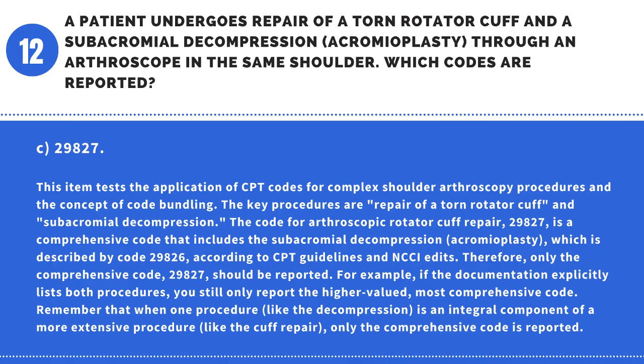Therefore, only the comprehensive code 29827 should be reported. For example, if the documentation explicitly lists both procedures, you still only report the higher-valued, most comprehensive code. Remember that when one procedure, like the decompression, is an integral component of a more extensive procedure, like the cuff repair, only the comprehensive code is reported.